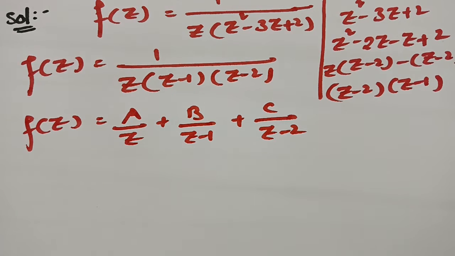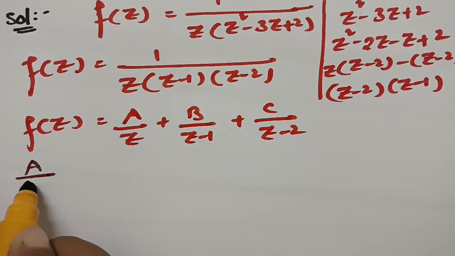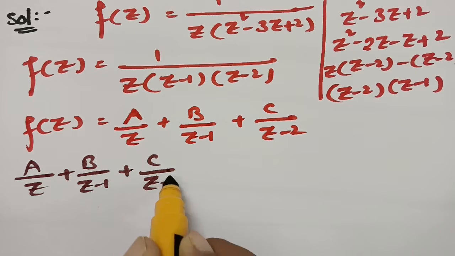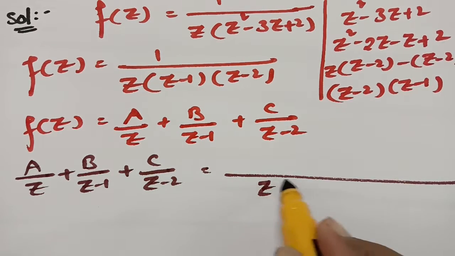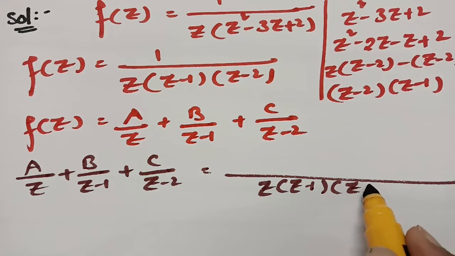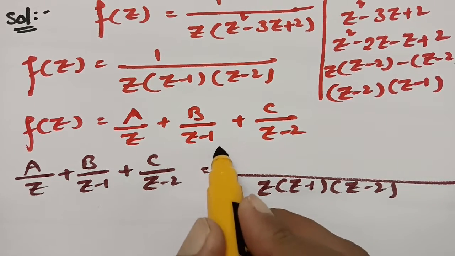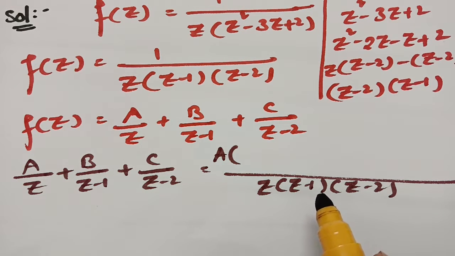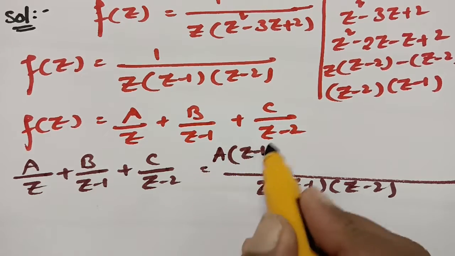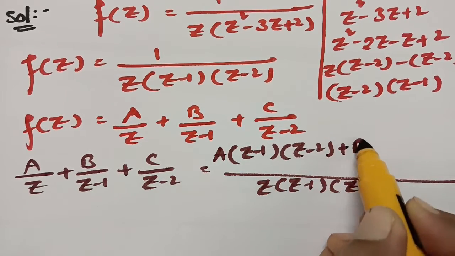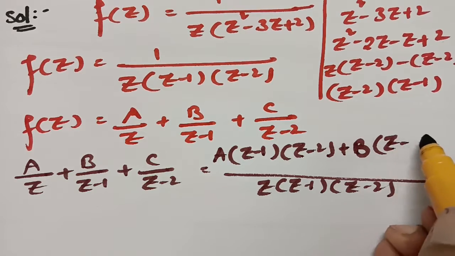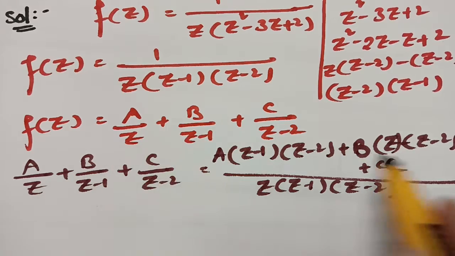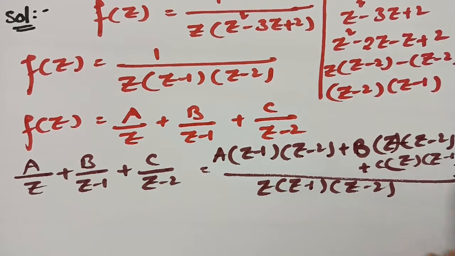So in order to get the values of a, b and c, if I take the LCM, which is z into z minus 1 into z minus 2, this will be a times z minus 1 into z minus 2, plus b times z into z minus 2, plus c times z into z minus 1.